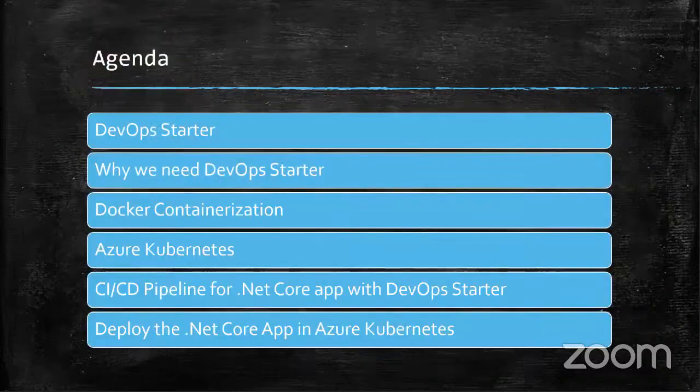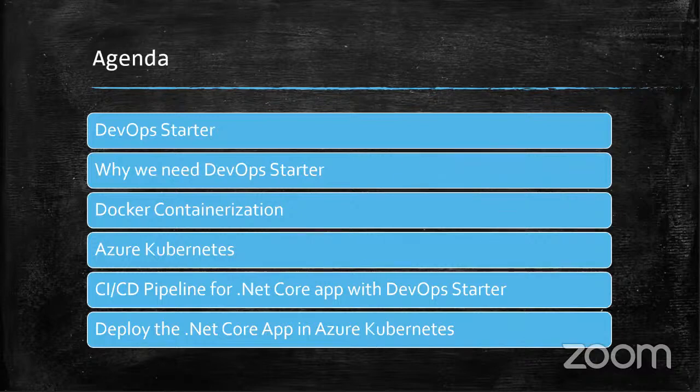So today's agenda is, what is DevOps Starter? Azure is a cloud service, and we are aware of many services, from AD authentication to our publishing activities, that we implement in Azure or any other cloud service provider. But what is DevOps Starter?